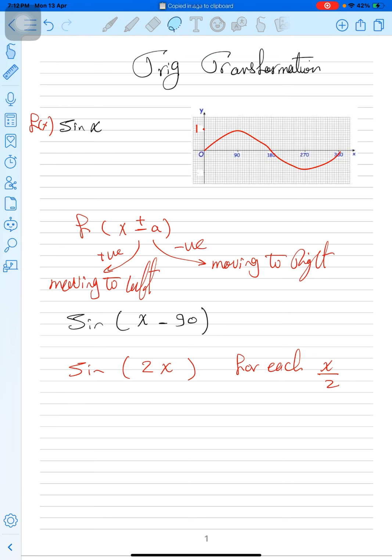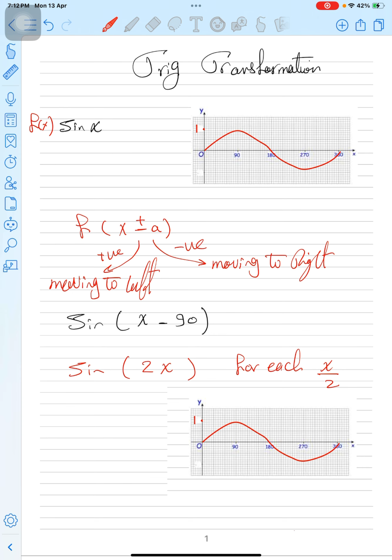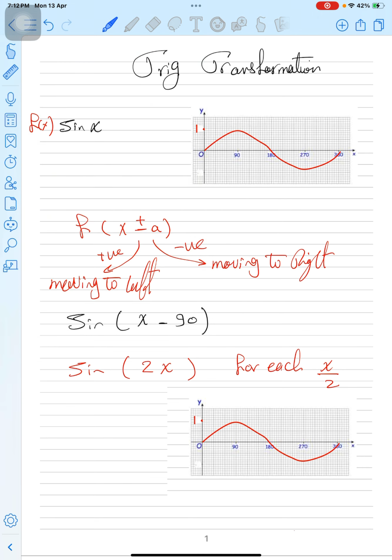I will draw it here. So as I can see, for each value of x, I have to divide it by 2. So for the first value of x, I will divide it by 2. So this is 90 and 1, it will be 45 and 1. So this is the first point.